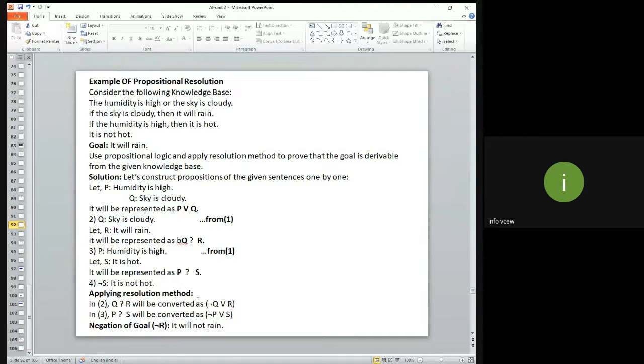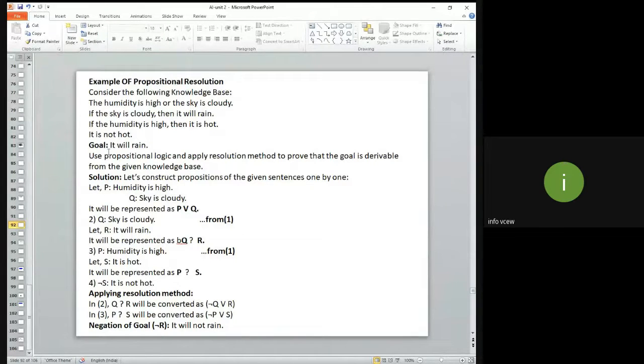Then the next statement, if the sky is cloudy, then it will rain. The sky is cloudy is the statement Q. Then we take another one, it will rain, R. So it will be represented as Q implies R, that is the propositional logic.